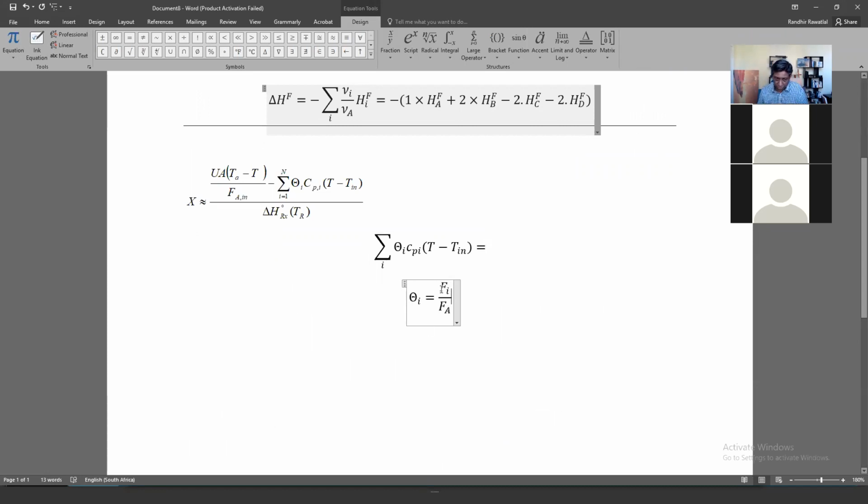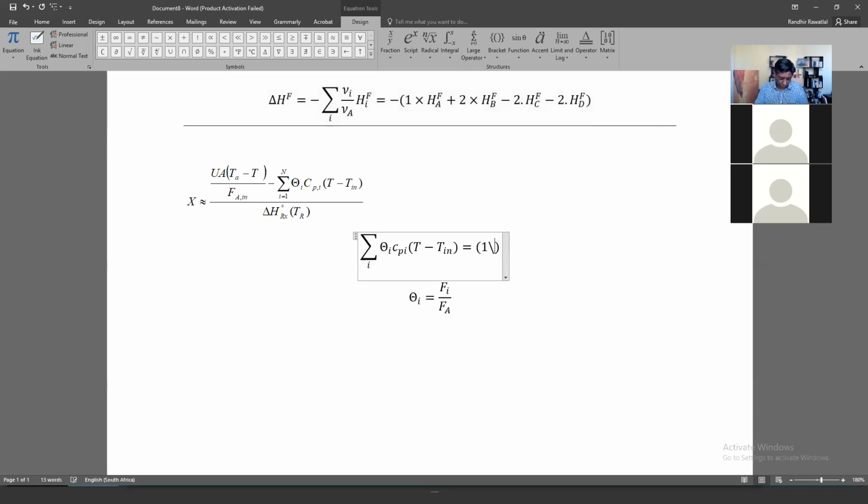You can see it's just a ratio of one of the molar flow rates to the molar flow rate of component A. It's an arbitrary choice for A to be a basis component. So don't expect this to be a number between 0 and 1 or anything like that. Okay, so for component A, of course, that's just going to be a 1.